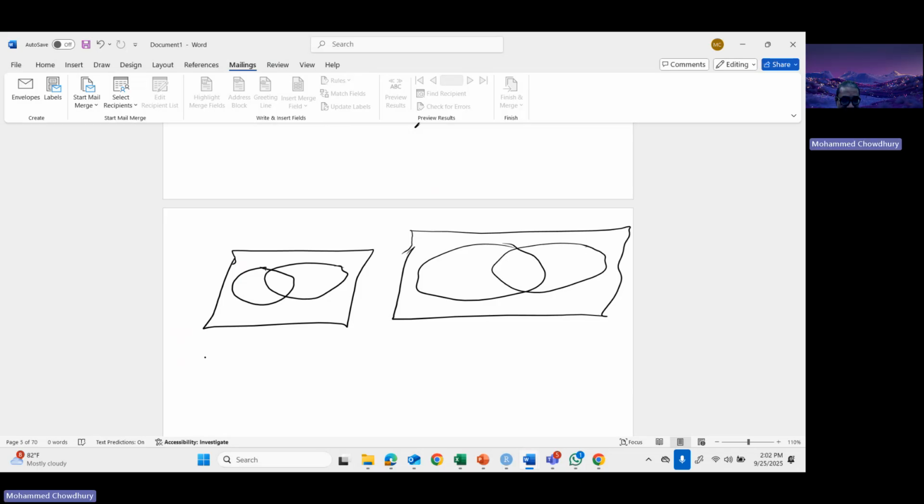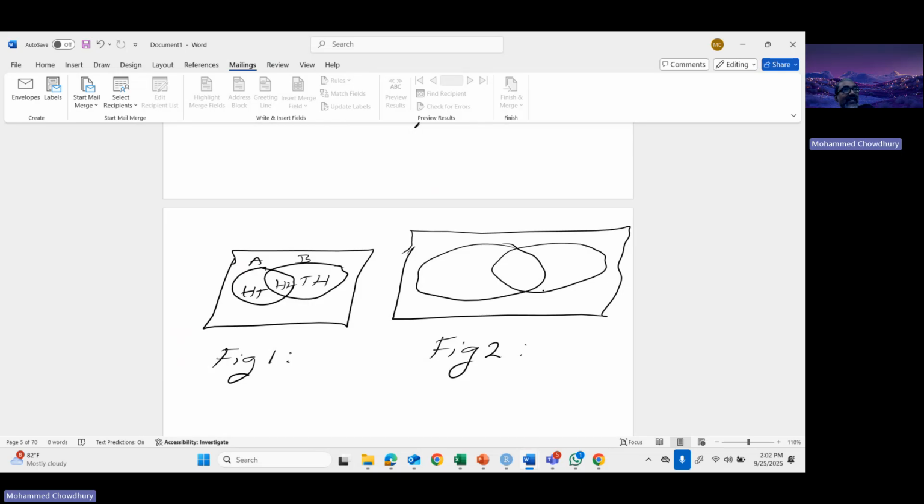So figure one and figure two. In figure one, as mentioned before, H, T, H, H, T, H. I already showed that in this type of figure, A and B are independent.